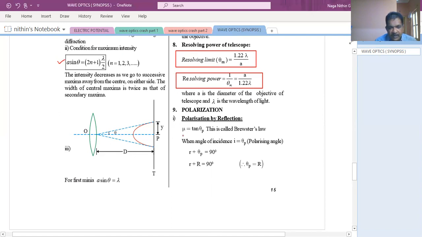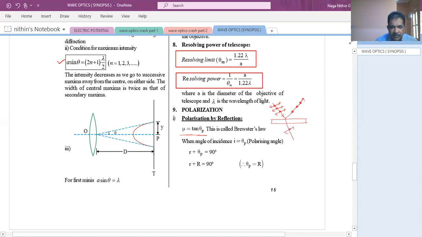So Brewster's law will come in polarization when light is incident. For example, here one glass plate is there. This is ordinary light. It will have parallel components and perpendicular components. These arrows are parallel components, dots are perpendicular components. Incident on it, only 3 to 5% of the light will be reflected, and it has only perpendicular components.